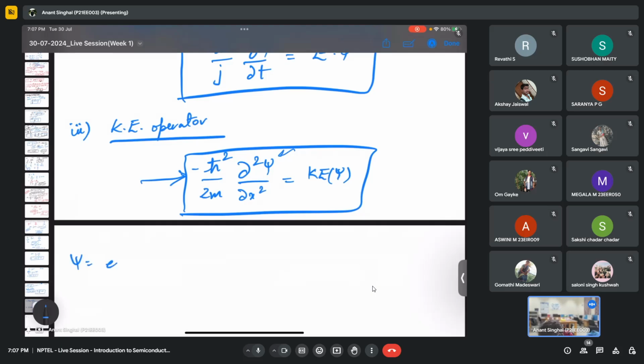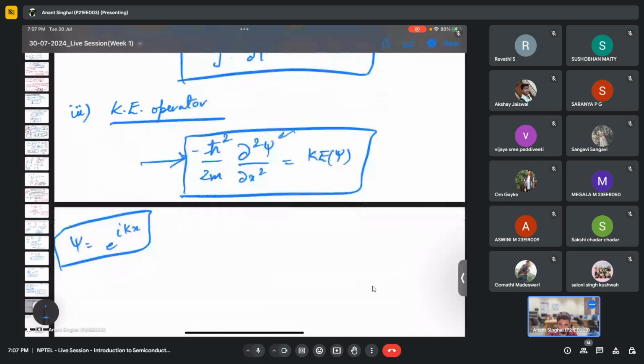The wave function given is e to the ikx. Let me know what answer you are getting.